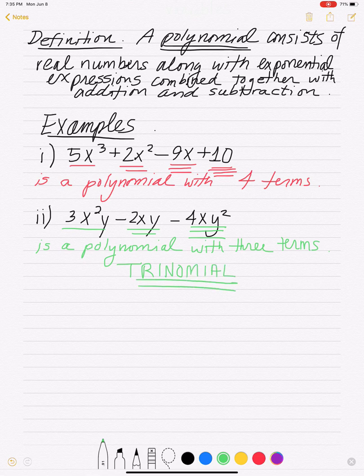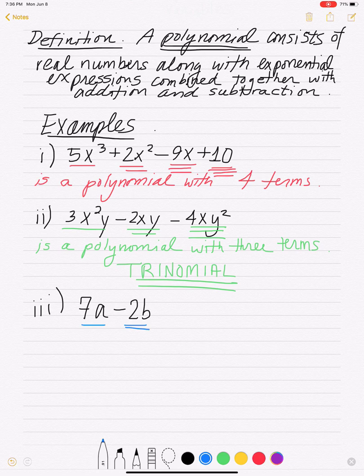Okay. Now let's do another example. Number 3 here. We've got just 7a minus 2b. Notice you have two distinct terms here. You have your a term and your b term. 7a is your a term, negative 2b is your b term.